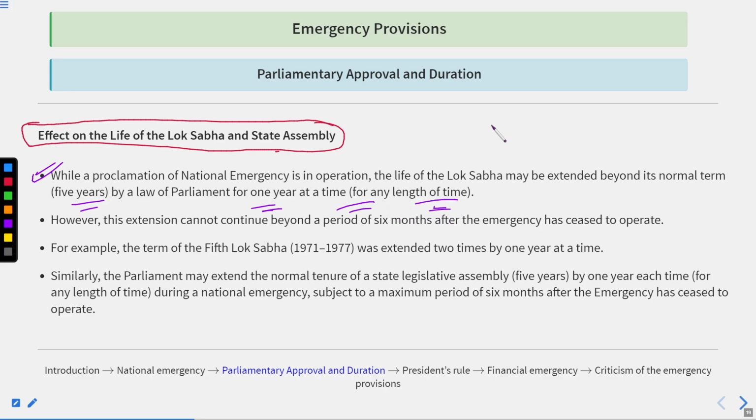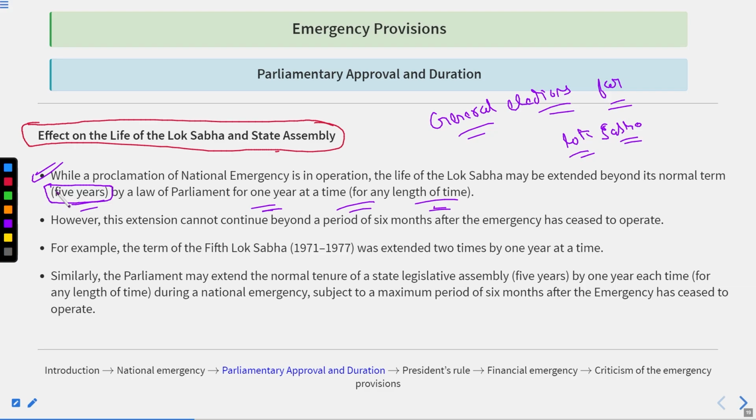What is happening? Whenever we talk about the general elections for Lok Sabha, the candidates who got elected by the people of India to represent them in the Lok Sabha can hold their position for the maximum time period of 5 years. Thereafter, they have to face the elections again.